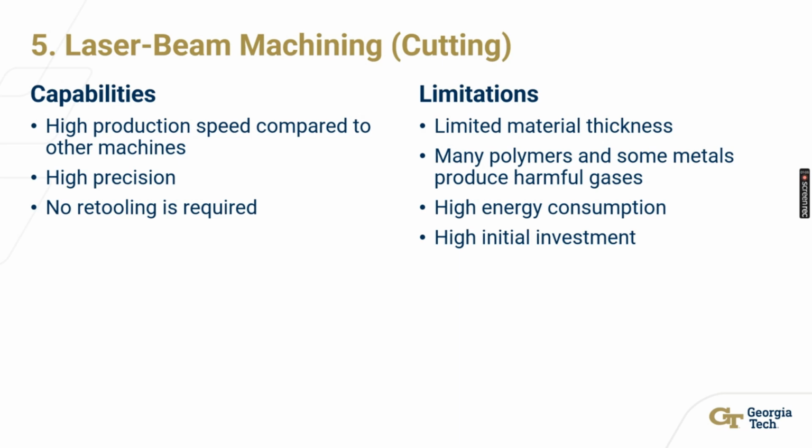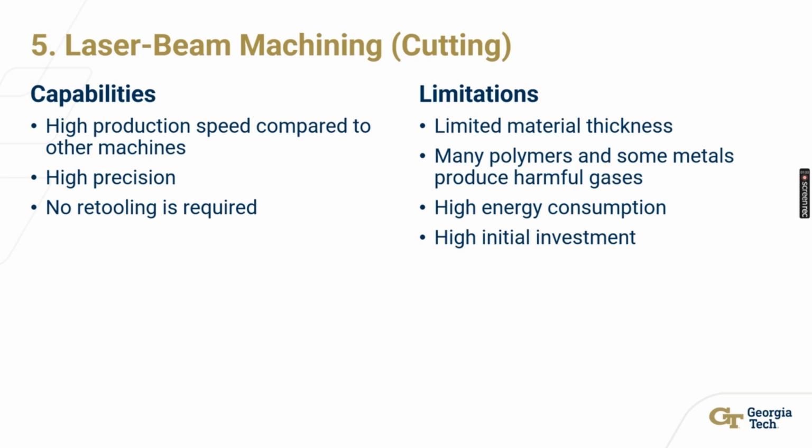Some capabilities of laser cutting are that it has high production speed compared to other machines. It also has high precision, and lastly, there is no retooling required. Some limitations are that it limits the material thickness as it requires more laser power for very thick materials.